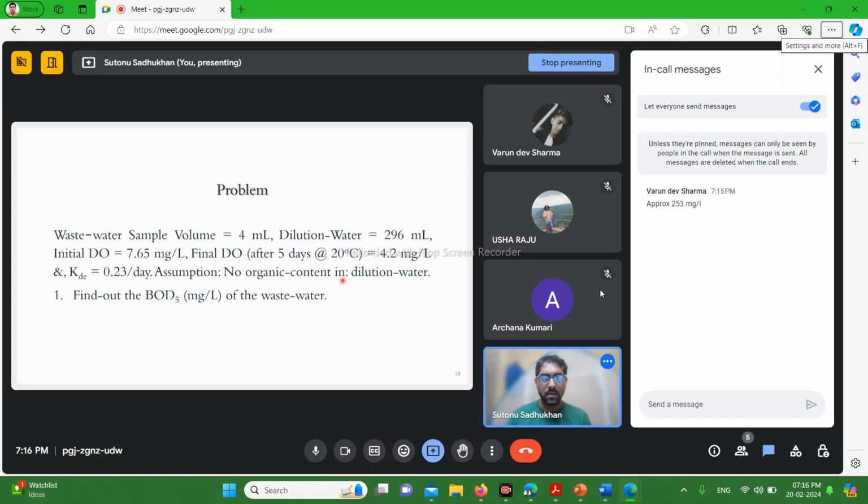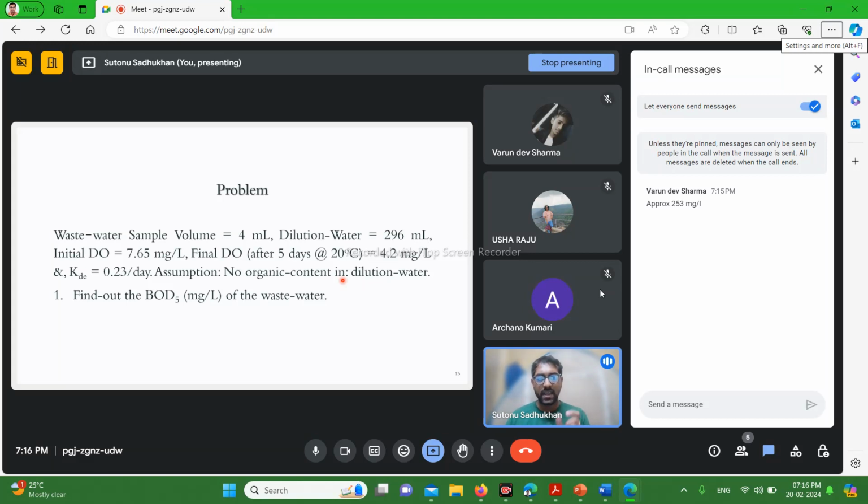Use the formula BOD T equals L0 into 1 minus e to the power minus kt. That is L0 minus LT, because L0 into e to the power minus kt is the formula of LT, right?